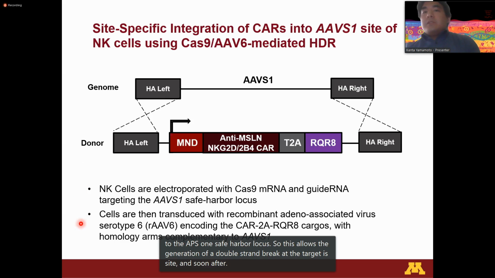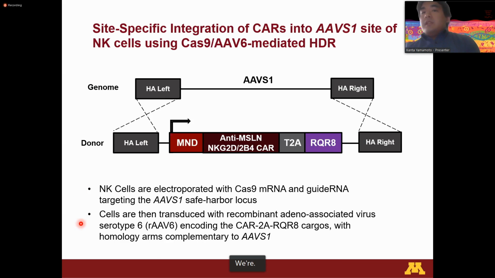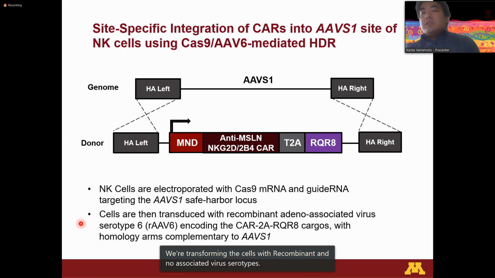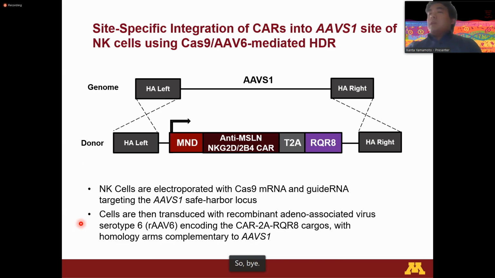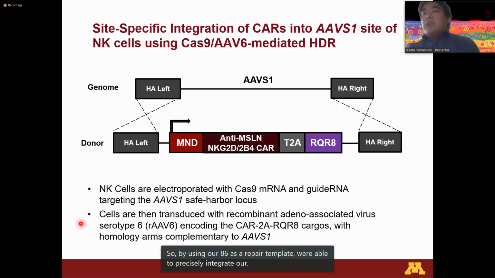Soon after the electroporation, we're transducing these cells with recombinant adeno-associated virus serotype 6, or AAV6, which encode our CAR2A RQR8 cargos, and also includes homology arms complementary to the AAVS1 site. By using our AAV6 as a repair template, we're able to precisely integrate our CAR and RQR8 cargo into the genome of NK cells.